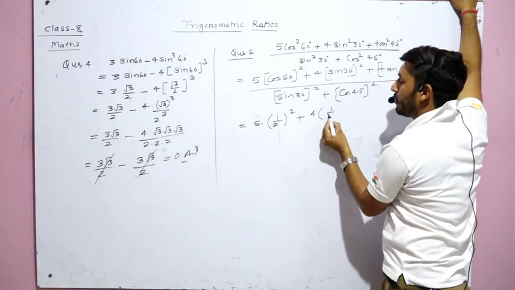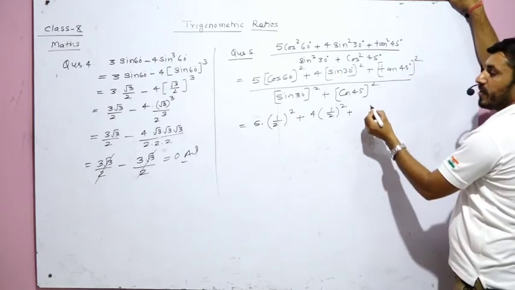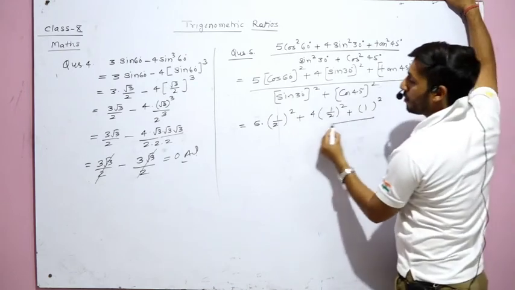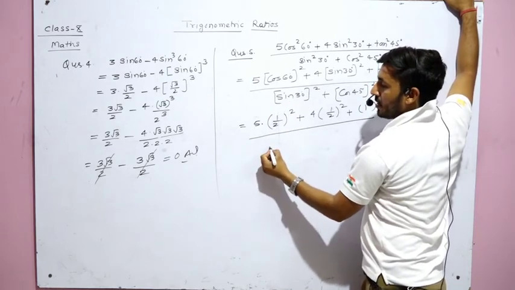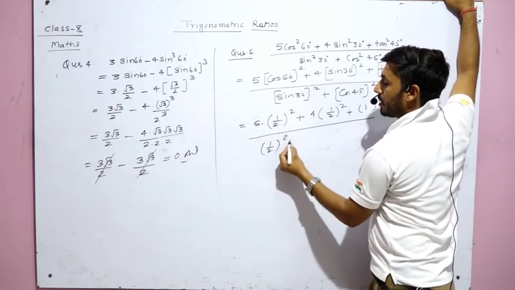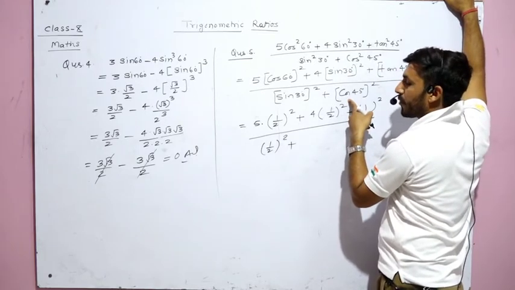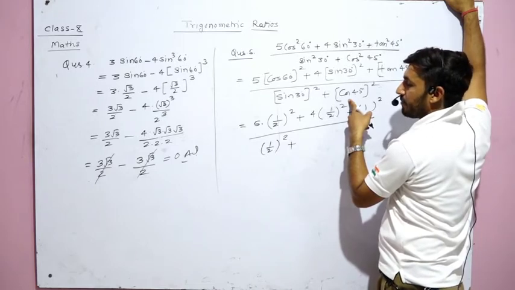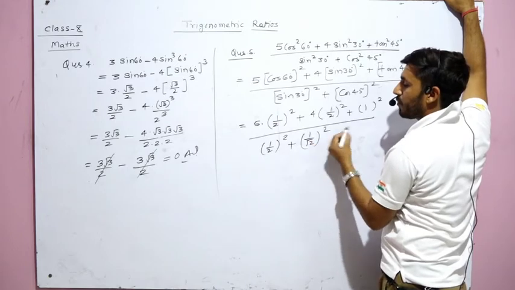As we know, the value of sine 30 is equal to 1 by 2 again, plus the value of tan 45 is equal to 1, that is 1 squared, upon the value of sine 30, which is 1 by 2 squared, plus in the next term the value of cos 45 degree. By consulting the table, the value of cos 45 degree is 1 by root 2, the square of 1 by root 2.